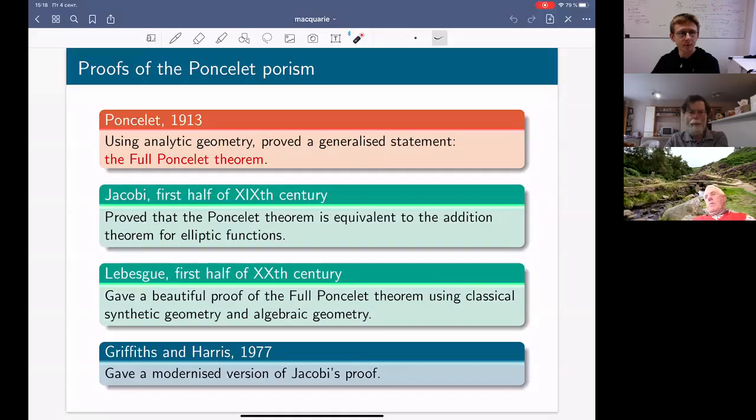Also it's worth mentioning that Griffiths and Harris, as leading algebraic geometers of modern times, were also interested in that, and they gave a modernized version of Jacobi's proof of the Poncelet theorem. The interest in the Poncelet porism revived towards the end of the 20th century, and there is a whole body of new results regarding it.